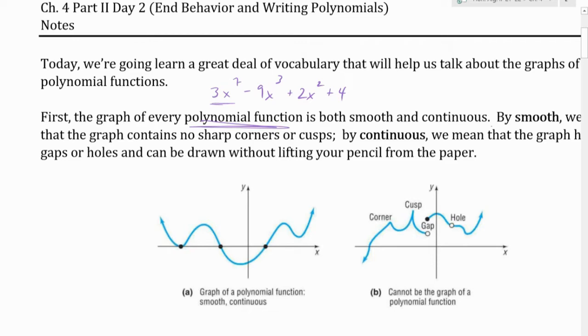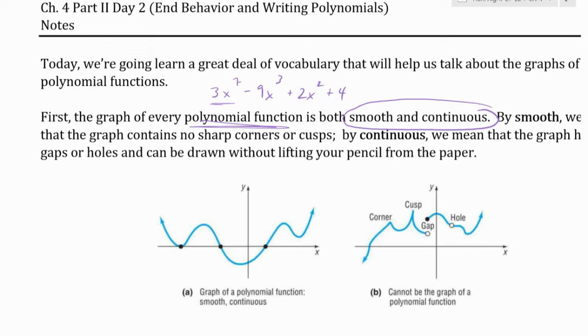They are both smooth and continuous, no matter how you draw. Every single polynomial function, when you draw it, will be smooth and it will be continuous. Now this is just sort of a layman's definition, but smooth just means there's not going to be any sort of sharp points.